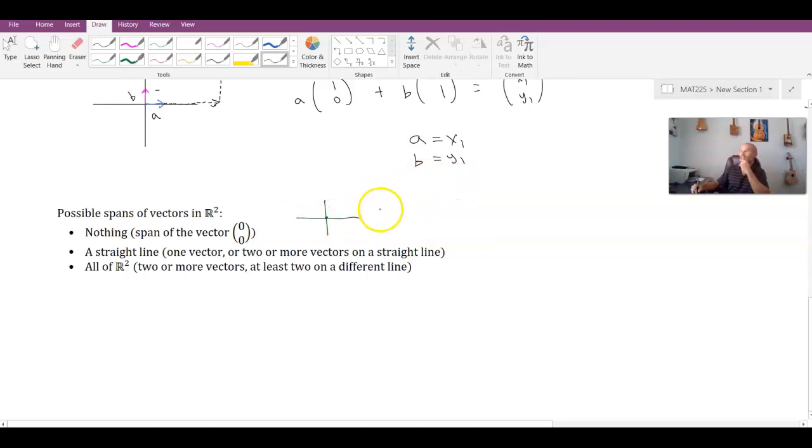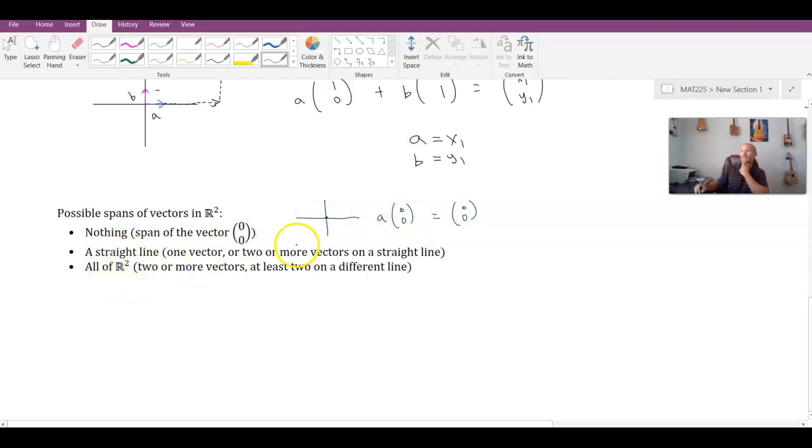So no matter what I scale the vector 0, 0 by, I'm always going to end up with 0, 0. So if you have a hoverboard that can only go 0 miles east for every 0 miles it goes north, it basically can't go anywhere. So your span is nothing. Your span is empty. You can't make it anywhere.